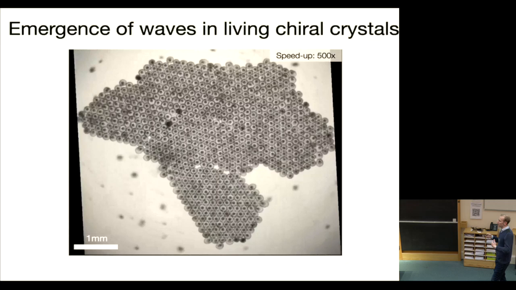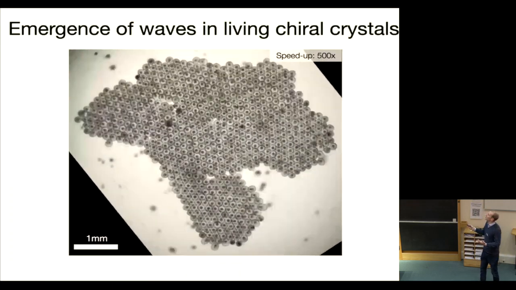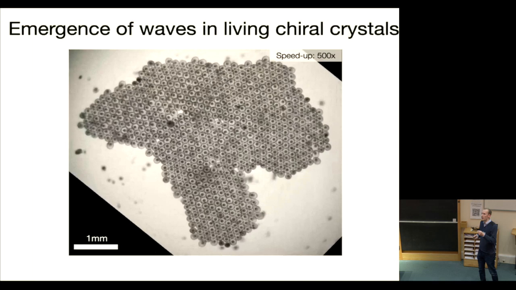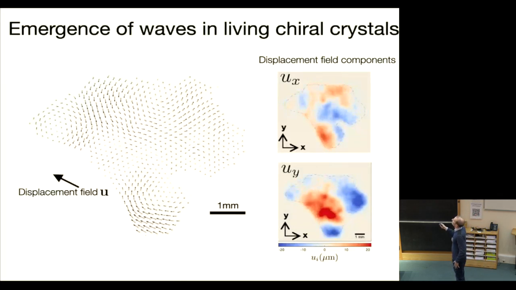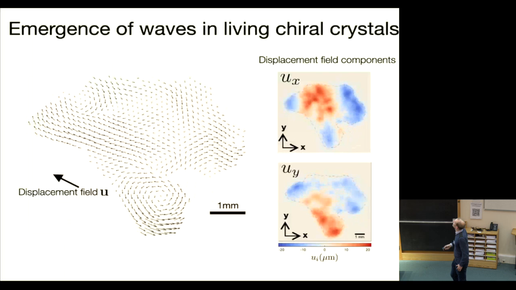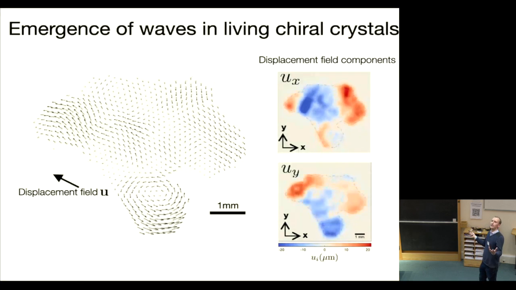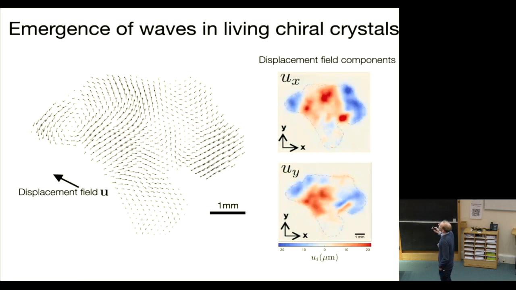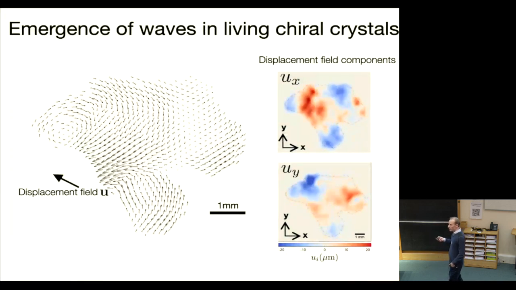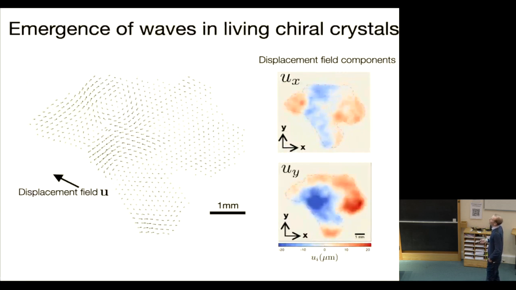Normally, in a conventional crystal, this would not happen because this is an overdamped system. It's a very small length scale, but here the activity injection, this is a data-processed version of this, allows these displacement waves to spontaneously pop up in such an overdamped system, being a consequence of its non-equilibrium nature and its chirality.